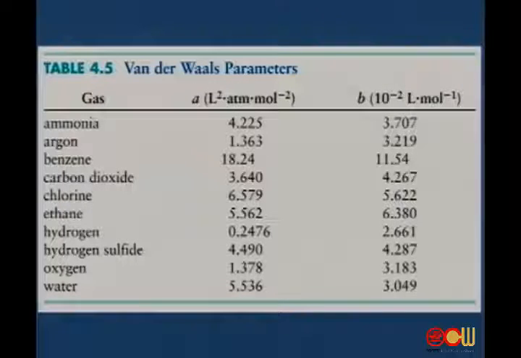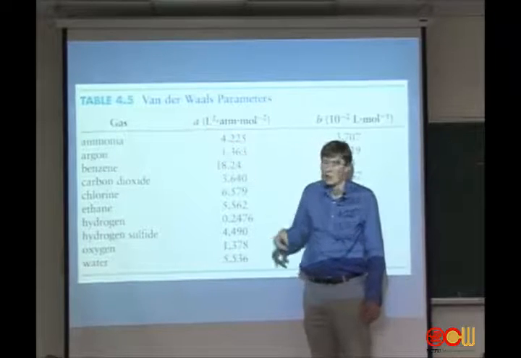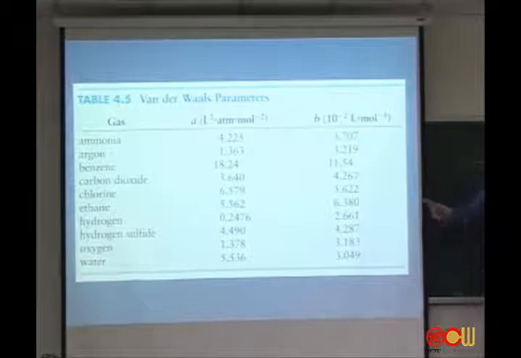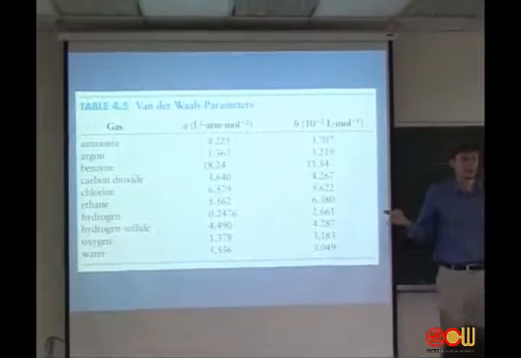Okay, we said that there are many different models of the real gas equations, and one of them was the van der Waals equation. These are the van der Waals parameters, A and B. Again, I personally don't like this equation, but people very often use it, and they say that parameter A corresponds to the attraction between molecules, and parameter B corresponds to the repulsion between molecules.